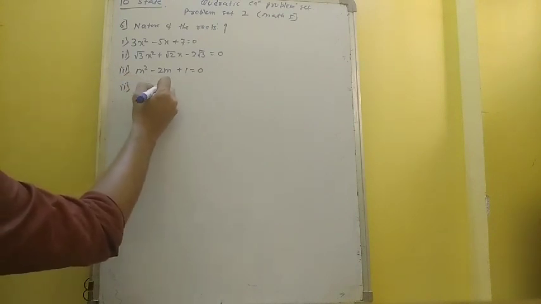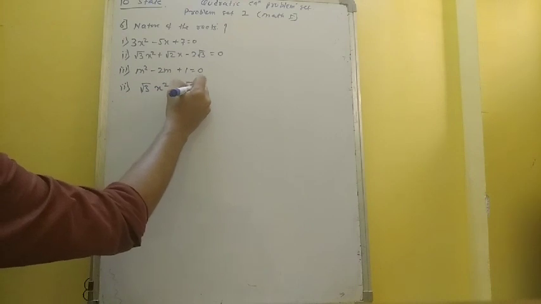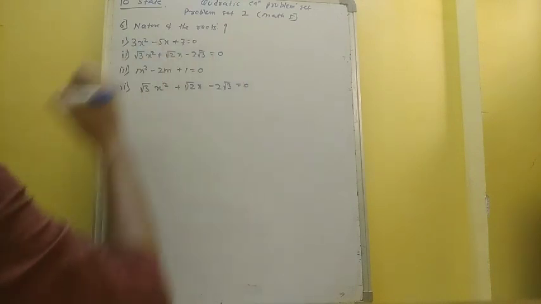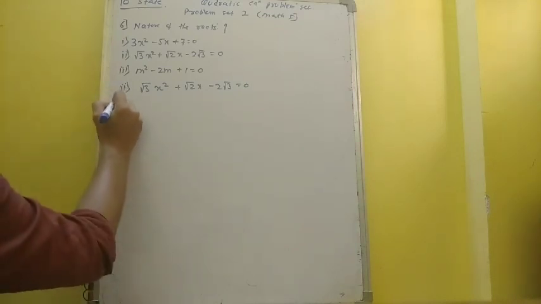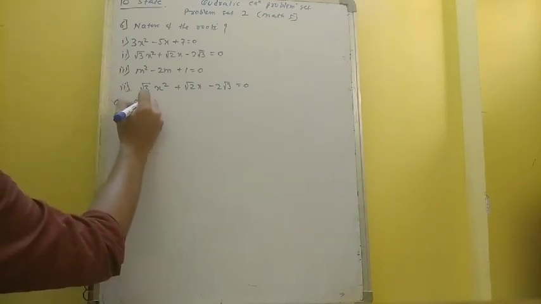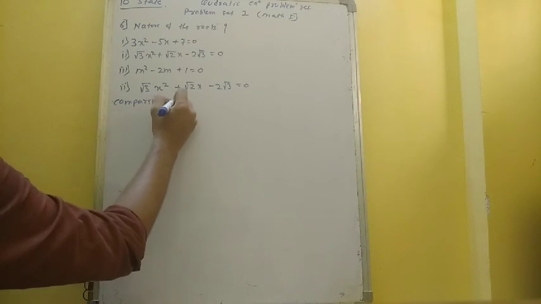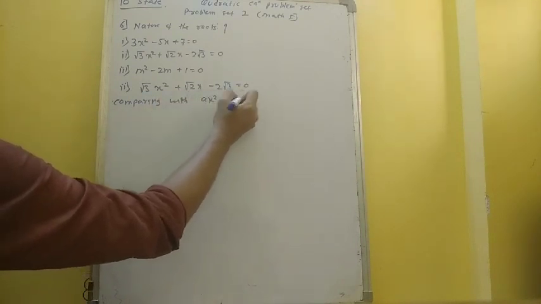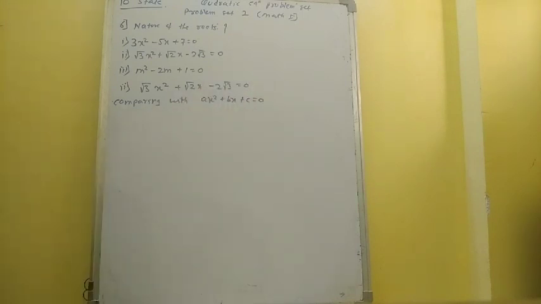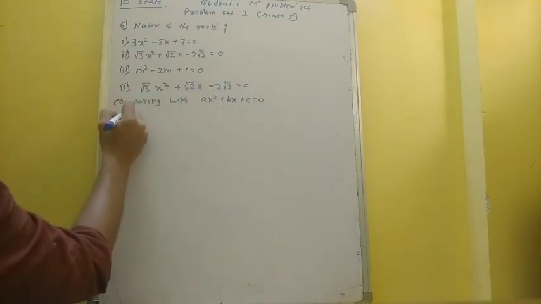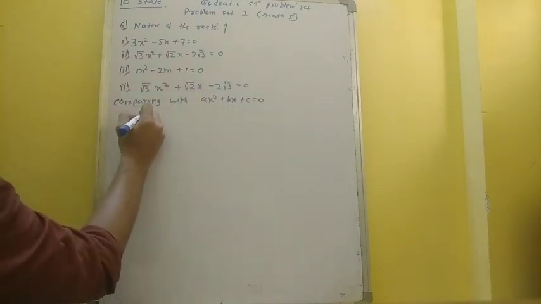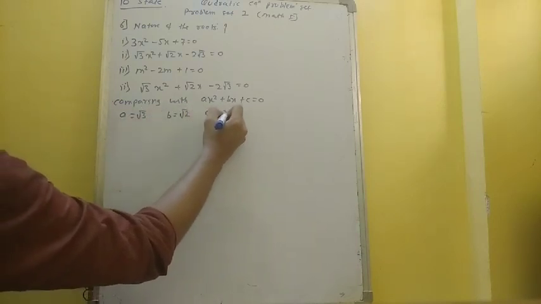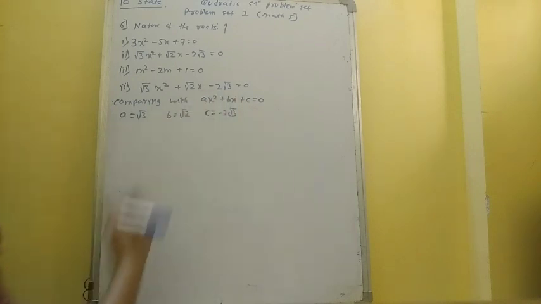Square root of 3 x square plus root 2 x minus 2 root 3 is equal to 0. Okay, comparing with ax square plus bx plus c is equal to 0. So what is the value of a? A is equal to root 3, b is equal to root 2, and c is equal to minus 2 root 3.